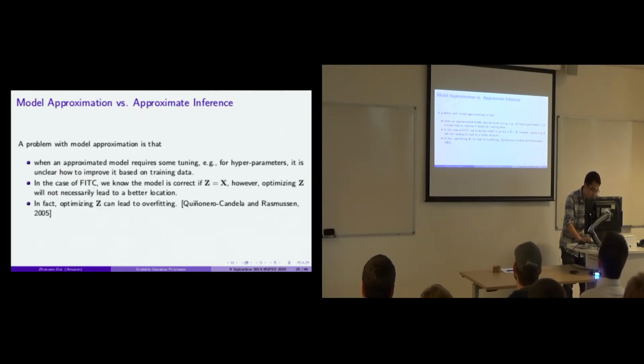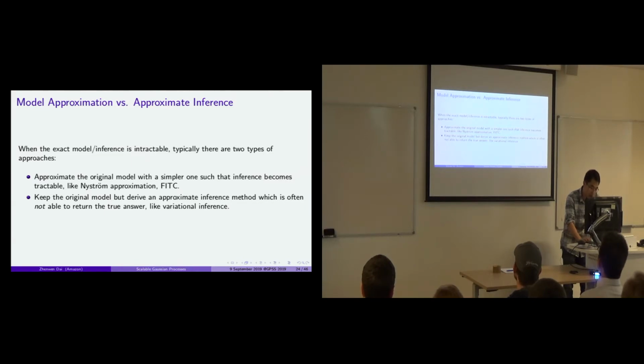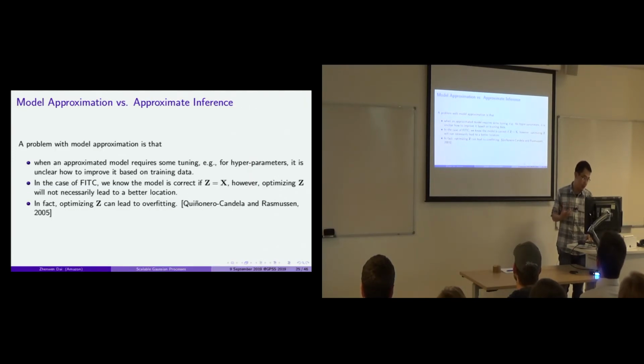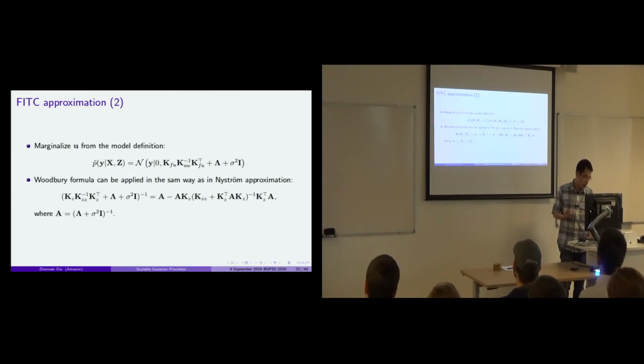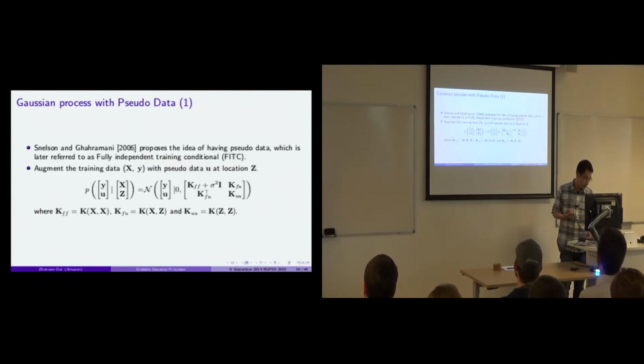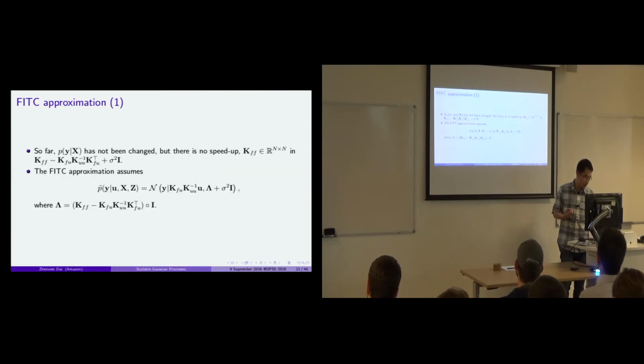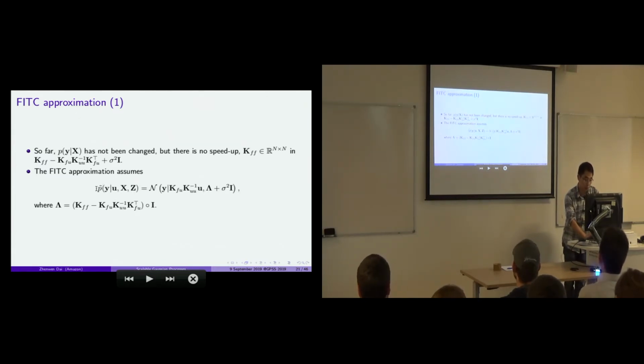I mentioned the FITC, and I have been saying we are able to optimize the inducing point locations, but there's actually one problem with optimizing inducing point locations for FITC: it actually changes the model. The definition of FITC is that we explicitly approximate our model assumption, the conditional distribution y given u in the model definition, from the true one into a diagonal one.